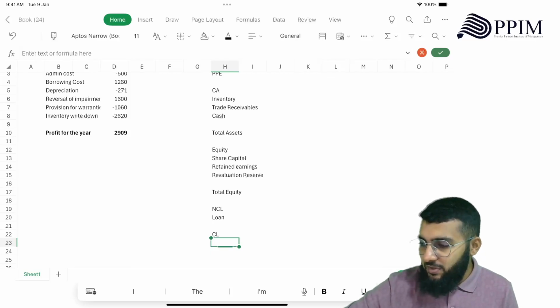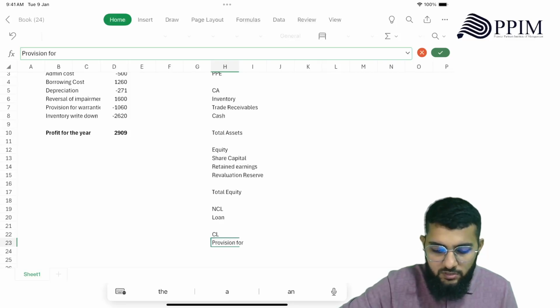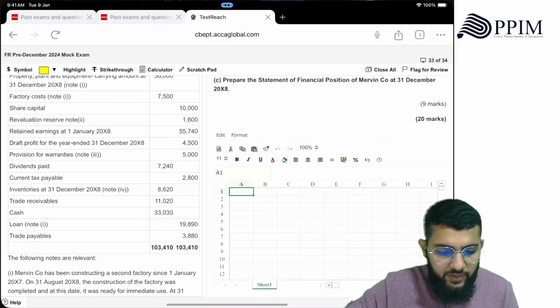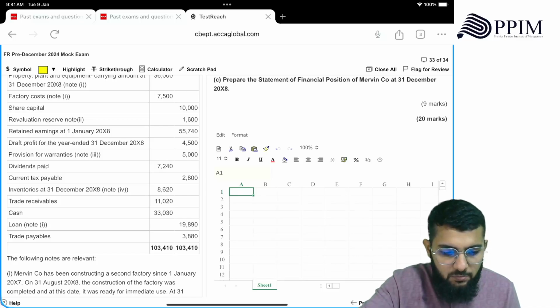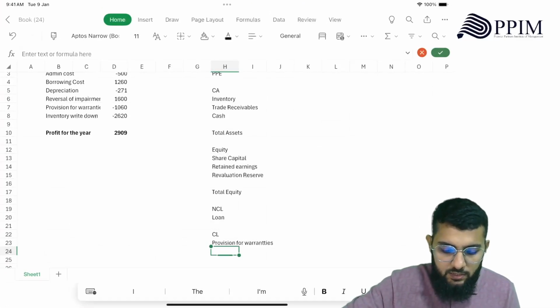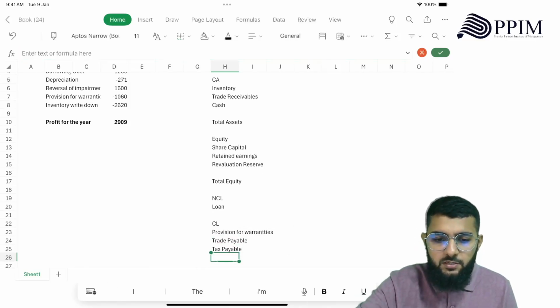Current liability, give me a moment. Current liability, provision for warranties was a working that we did. Then we have trade payables and tax payable, right? Trade payable, tax payable, right?